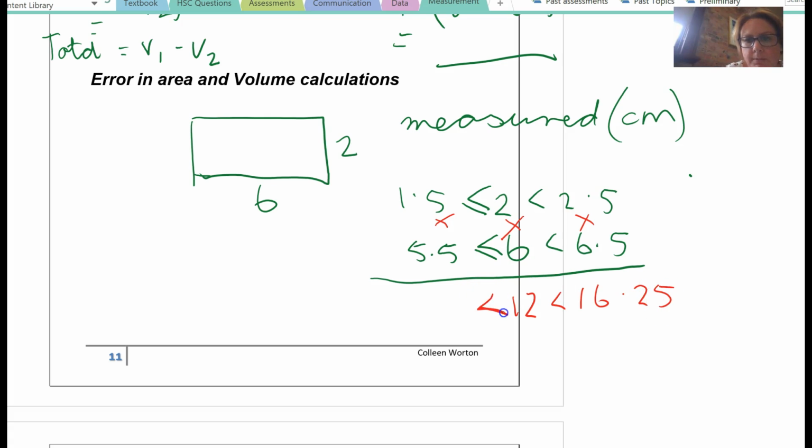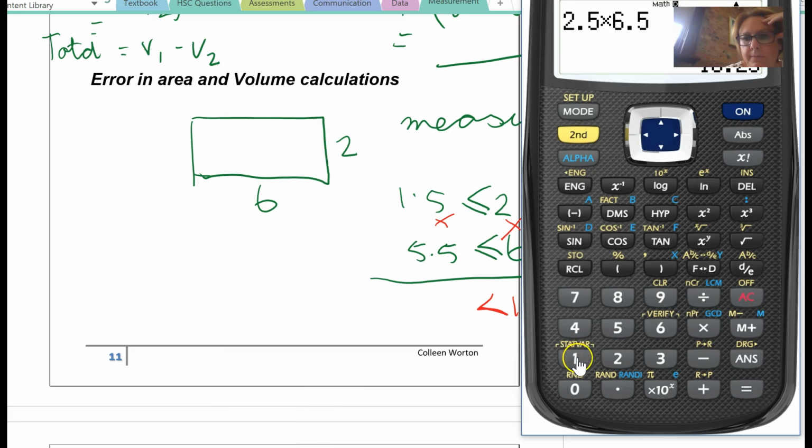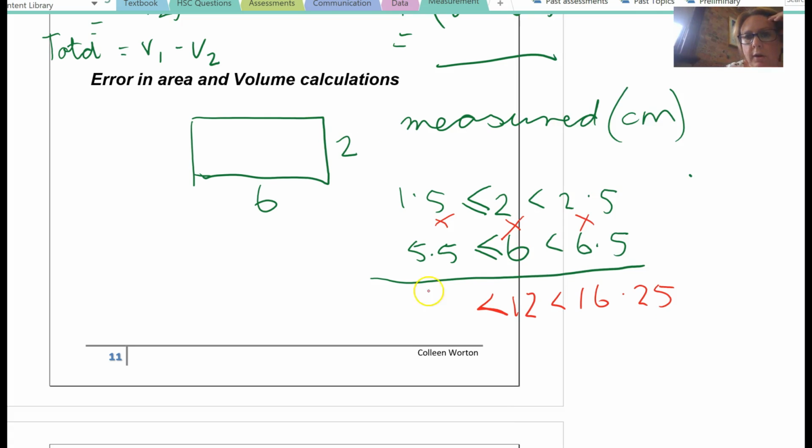It could be as small as 1.5 times 5.5. Sorry, I know that makes for a boring video. 8.25. So when we're looking at errors in area and volume, we have to consider the error in both sides.